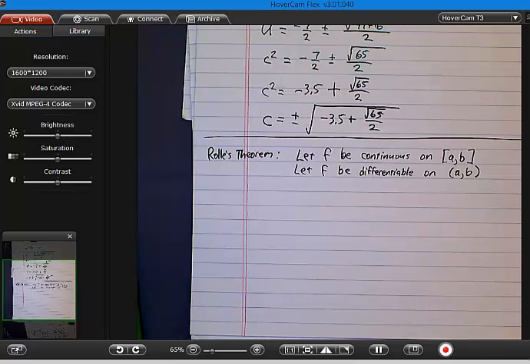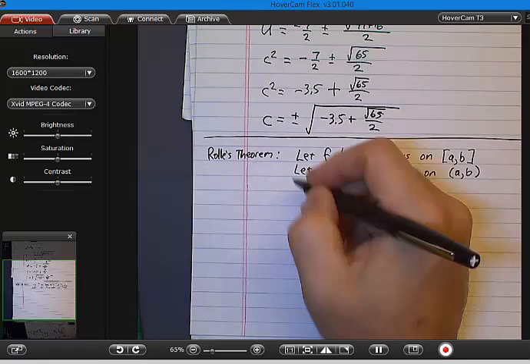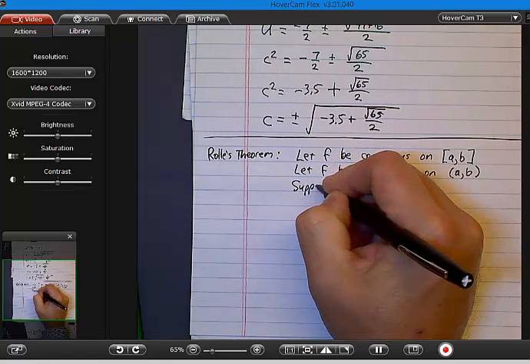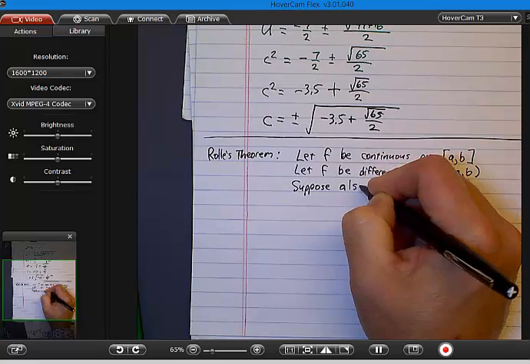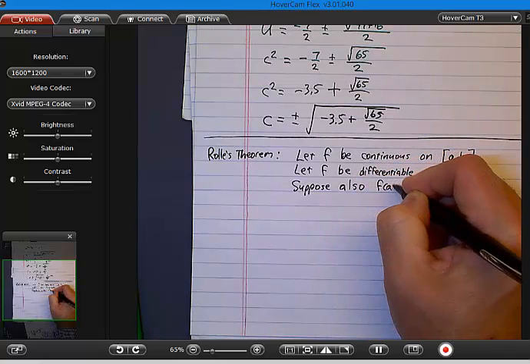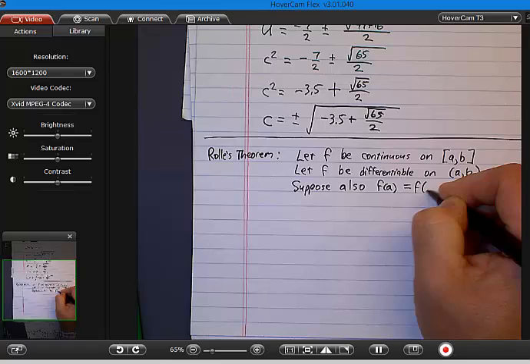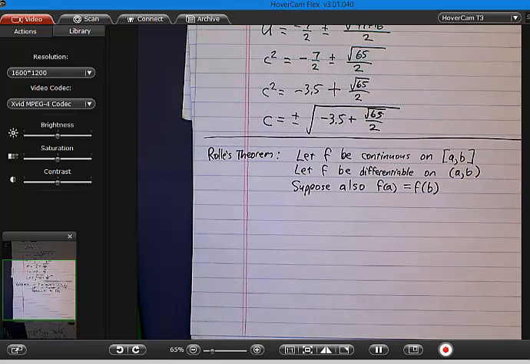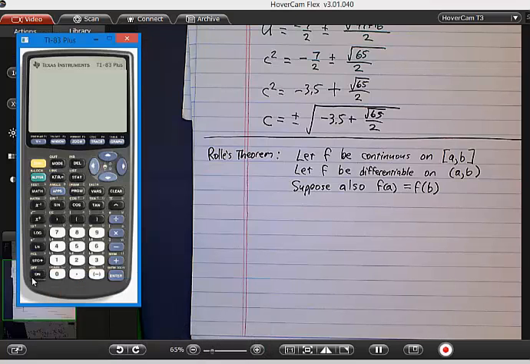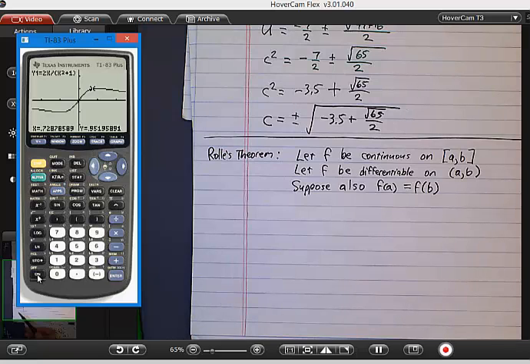Now, for Rolle's theorem, we need one other hypothesis. Suppose also that f of A is equal to f of B. We didn't have that on our picture, right? Let me put our calculator back up and look at that graph. Our f of A was negative something, and our f of B was positive up here.